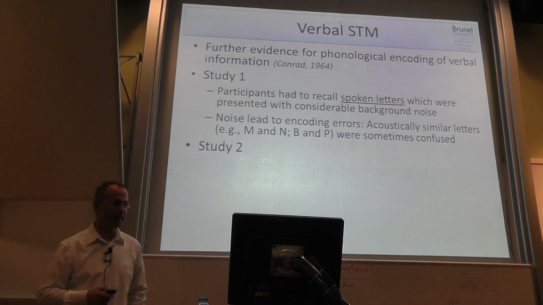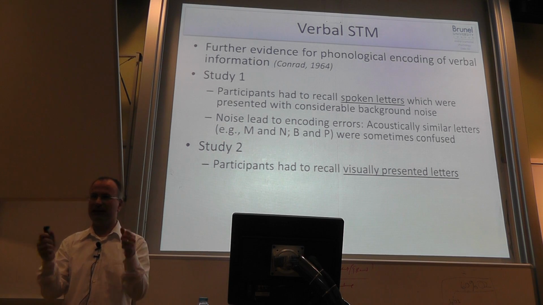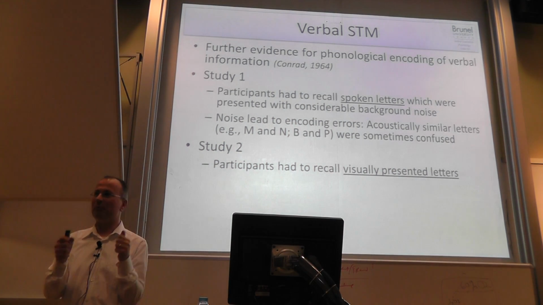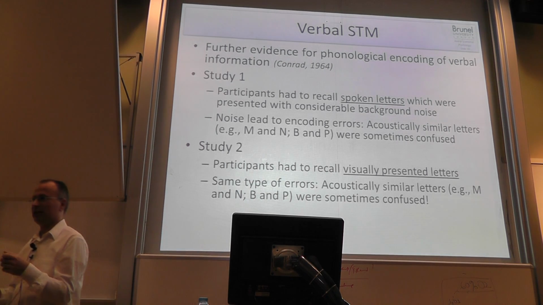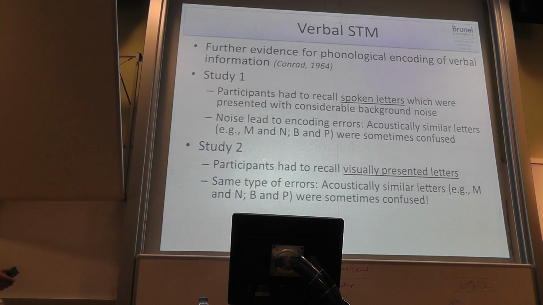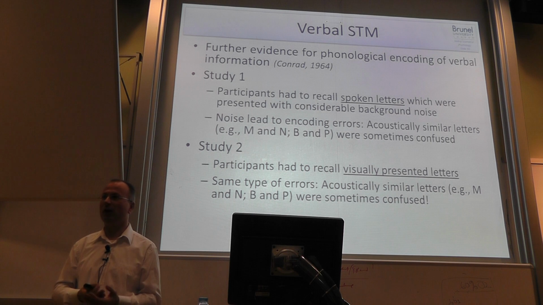Now the second study: he presented participants letters visually to remember them. And what happens is that you observe the same type of errors. Letters which are acoustically similar, for instance M and N and B and P, are often confused.